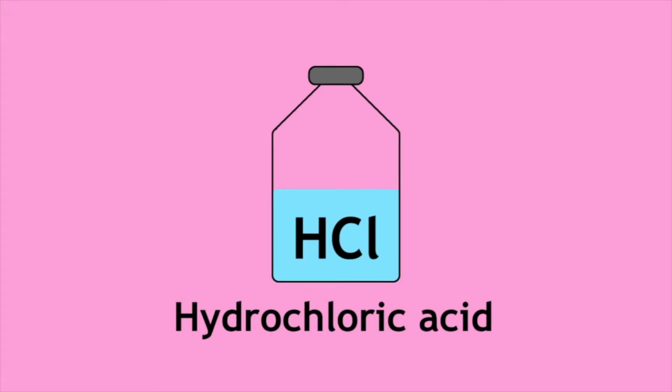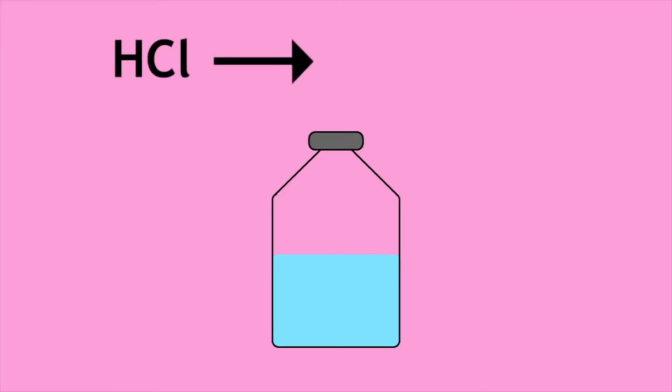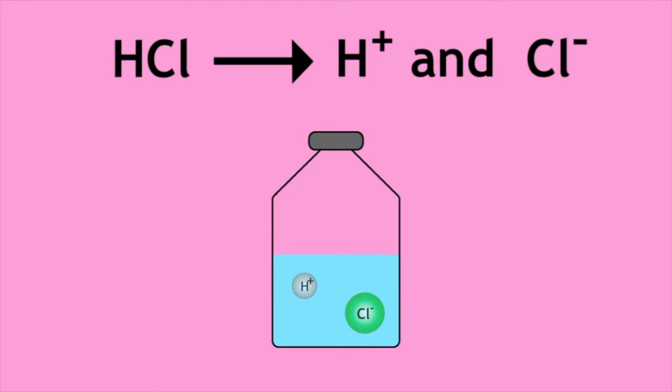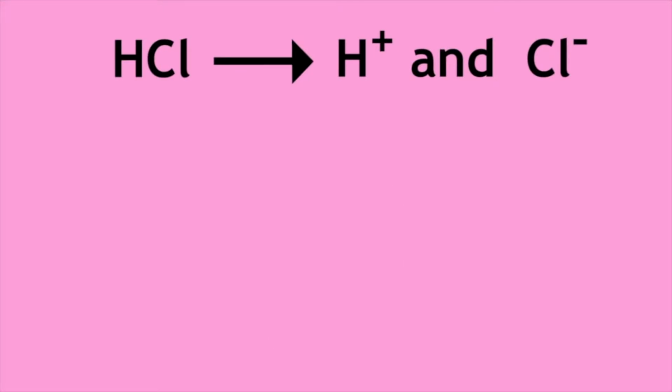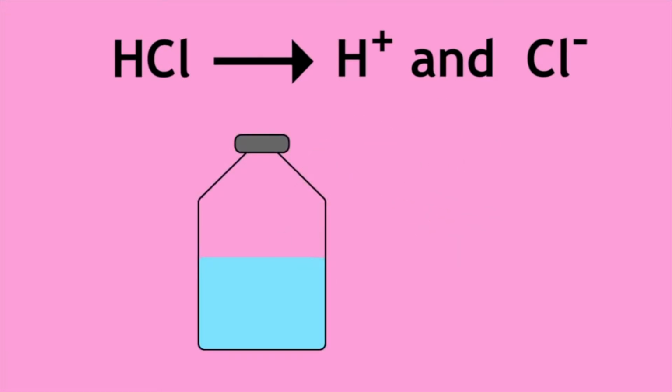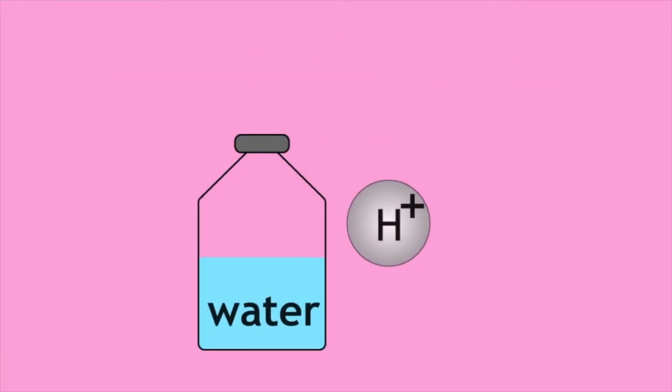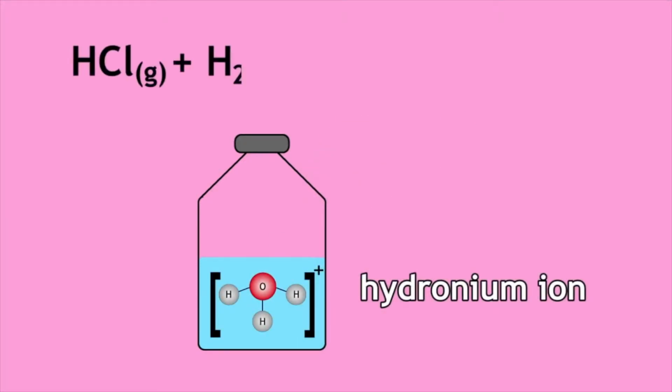Hydrogen chloride dissolves in water to give hydrochloric acid. Hydrogen chloride will dissociate to give a proton and a chloride ion. The proton is not just released, but it is transferred to another substance. For our example, water accepts the proton to form a hydronium ion.